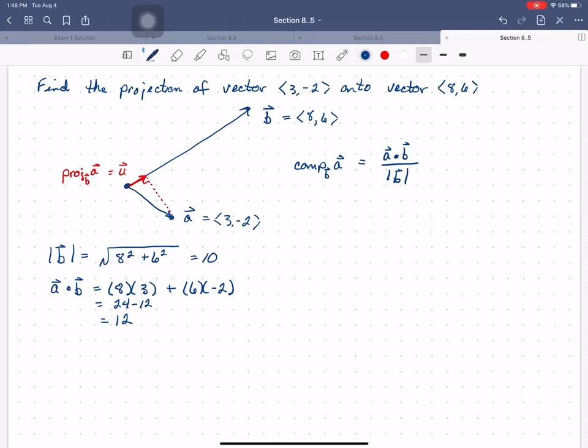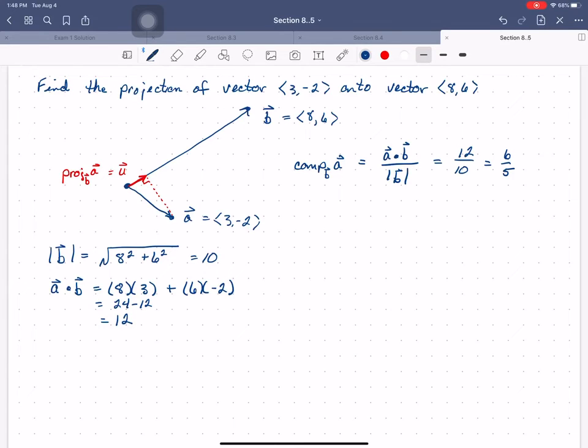So the component of A projected onto B is 12 divided by 10, which is 6/5. So that is the magnitude of this little vector that I sketched in red here.